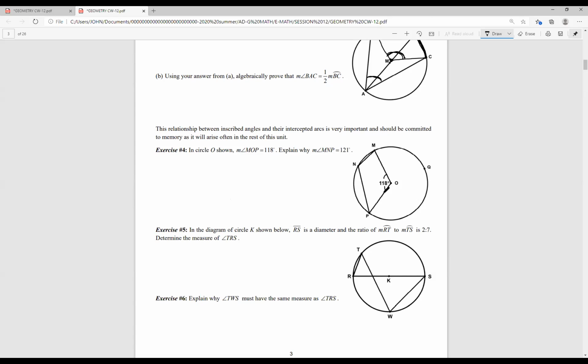Wow, MNP. This angle, how much is it? Maybe you can use Q too. Can you show me here?